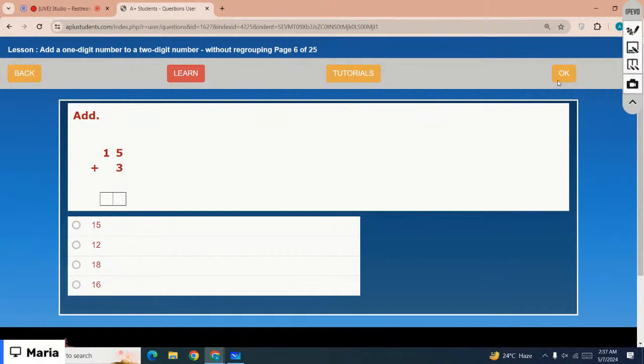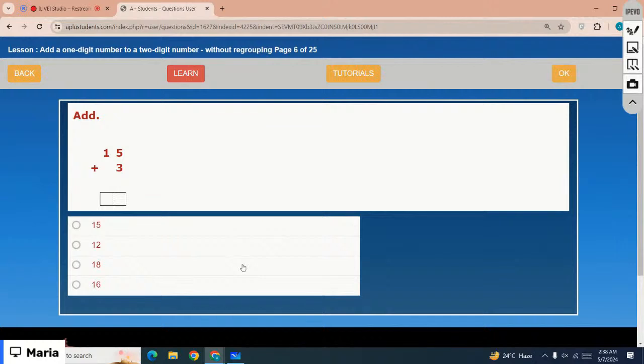15 plus 3 equals? The correct option is yes, 18.